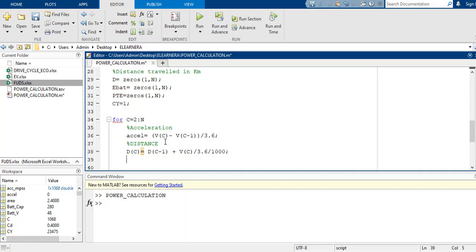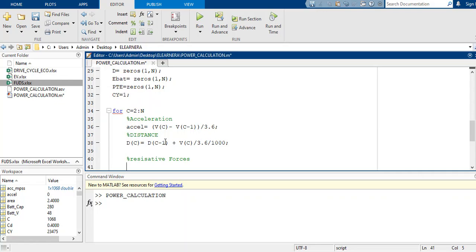So let's save this. Then from this point we are finding resistive forces. So guys, we are already studying about the resistive forces. There are three types of resistive forces.